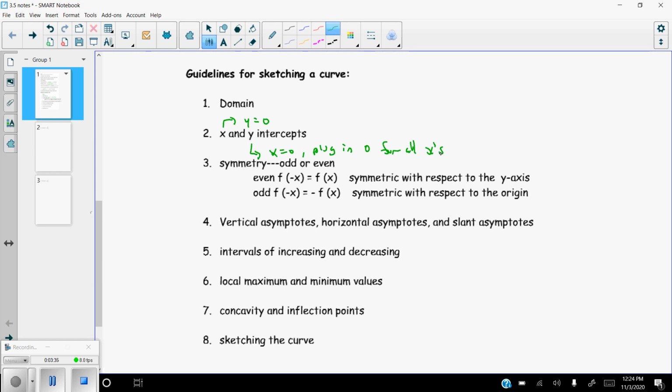All right, vertical asymptotes. We have talked a lot about vertical asymptotes. Horizontal asymptotes, we've talked about that. And then slant asymptotes, we really haven't touched on this year, but it was something that we have learned, so we'll have to at least write the criteria down. So vertical asymptotes are going to be what makes the denominator 0 as long as it doesn't make the numerator 0.